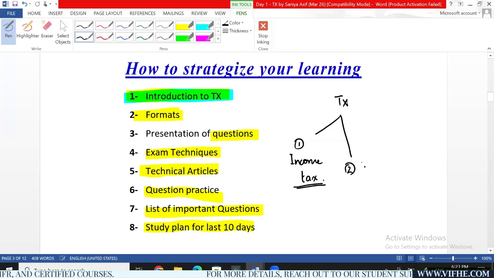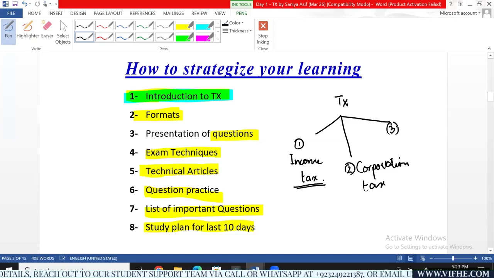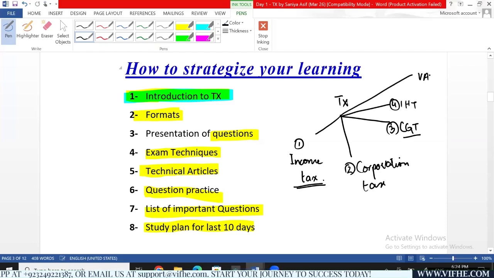And then another chapter from which a greater proportion of questions are expected to be tested is corporation tax. Then there is another important type of tax called CGT. CGT stands for capital gains tax. Afterwards, we have inheritance tax, and then last but not the least, we have VAT, the value added tax.